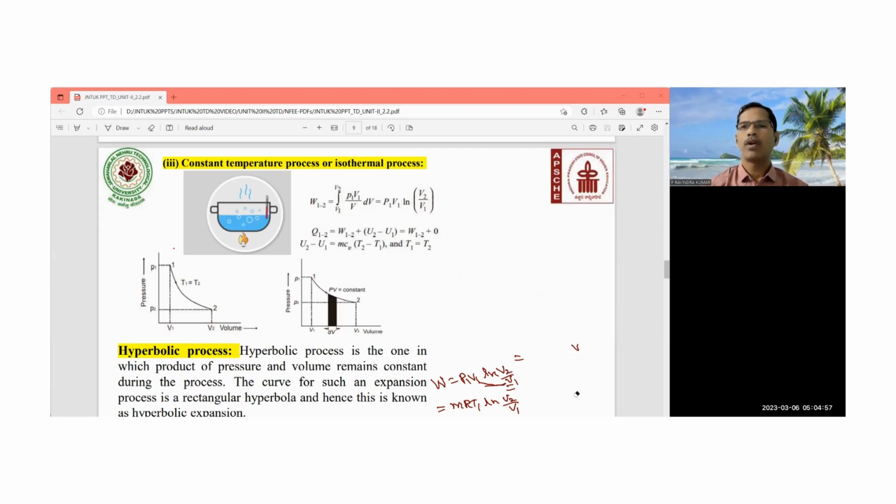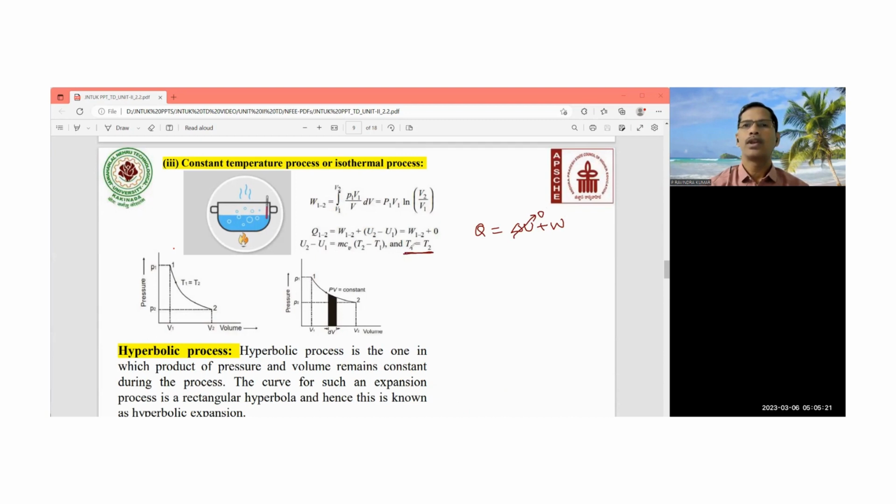In the isothermal process, temperature remains constant, that is T1 is equal to T2. So in that case, Q is equal to delta U plus W, and delta U is going to become 0. Why?